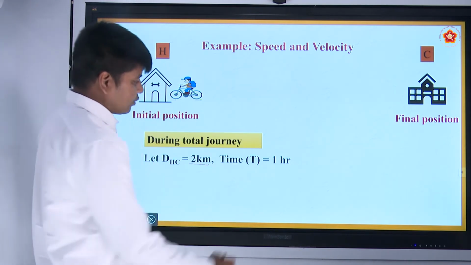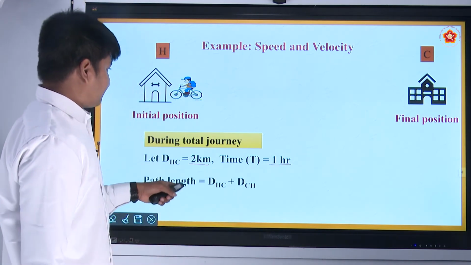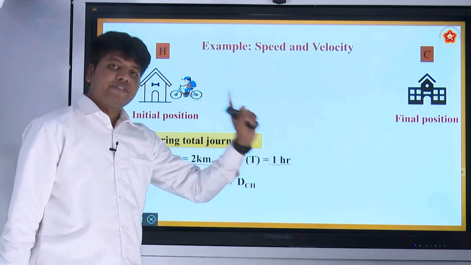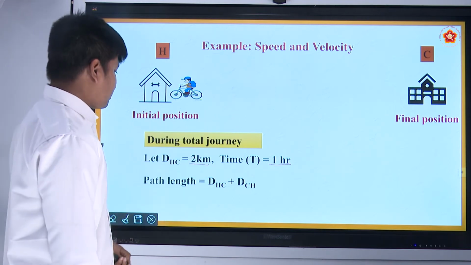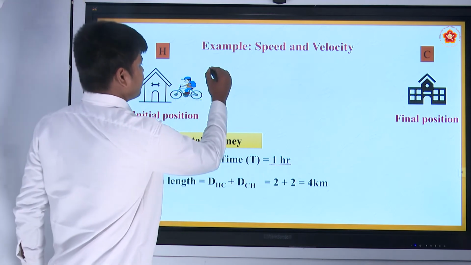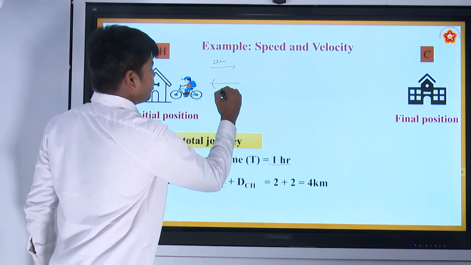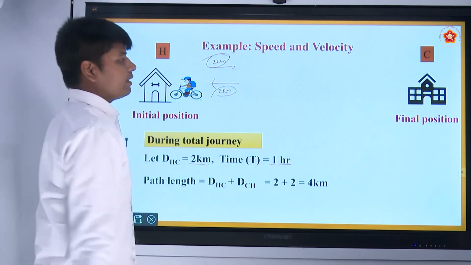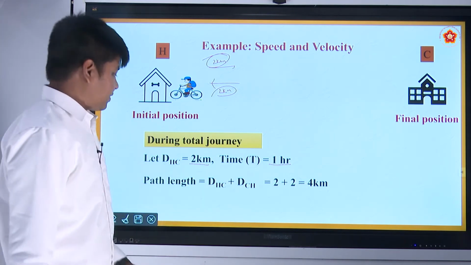Your time given is 1 hour. Hence, the path length is the distance travelled from initial to final and then final to initial, so it will be twice the length. 2 plus 2, that will be 4, because he is going 2 kilometers and also coming back 2 kilometers. So total distance traveled is 4 kilometers.